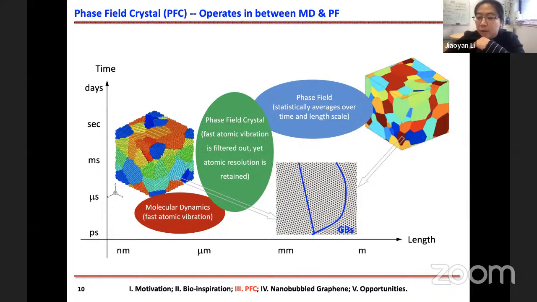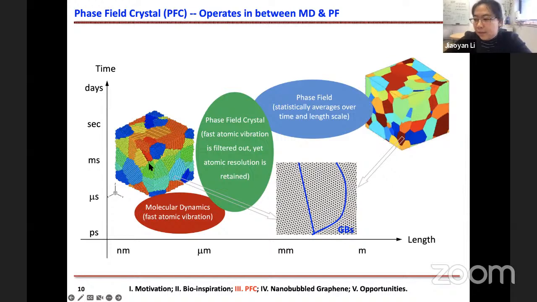So the PFC, the phase field crystal model, is a further development of the phase field model. So phase field, as you may know, is a continuum theory, and it's based on a free energy functional to describe the system as a function of the varying order parameter. So the order parameter you can see here describes the phases and the grains inside of the polycrystalline system.